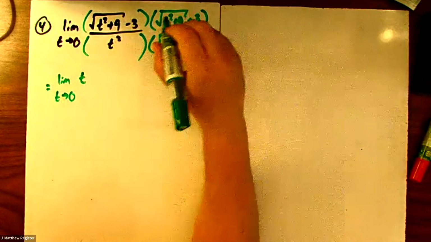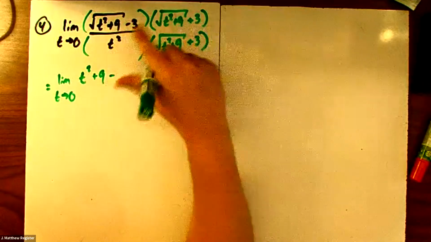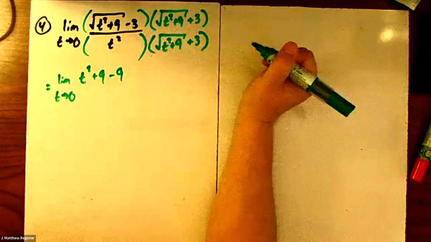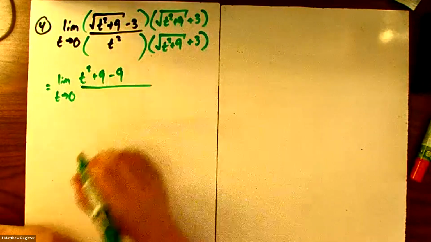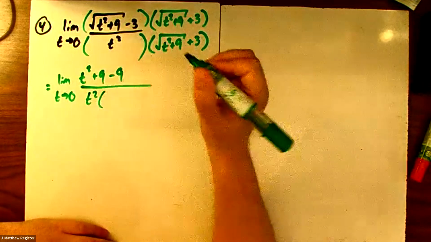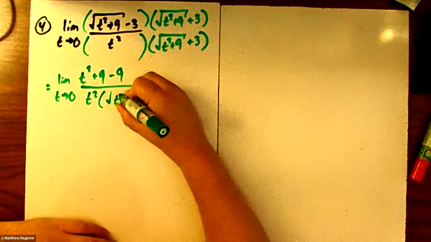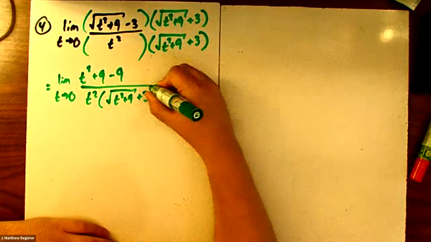So the numerator becomes t squared plus 9 minus 9 because it's a difference of squares and the cross terms will cancel out. On the bottom, it's gross. We'll just keep it gross. T squared over square root of t squared plus 9 plus 3.